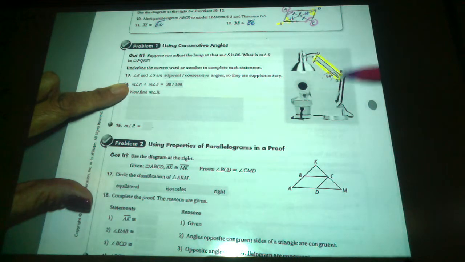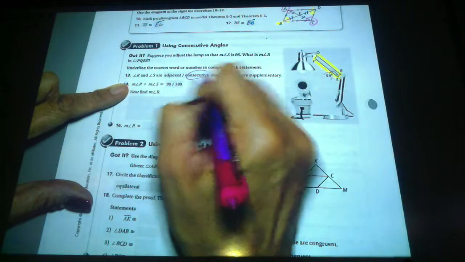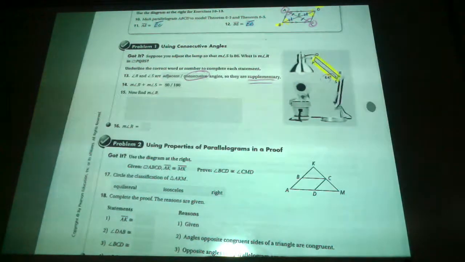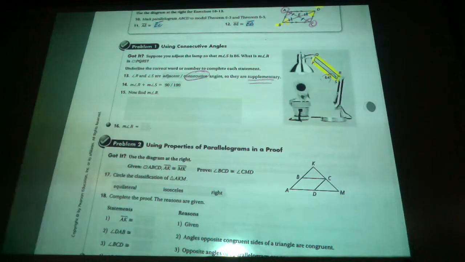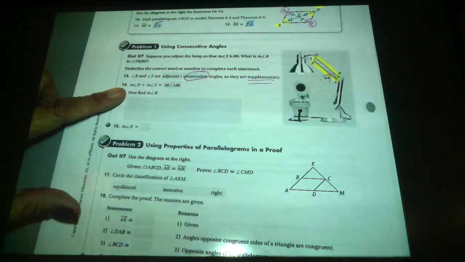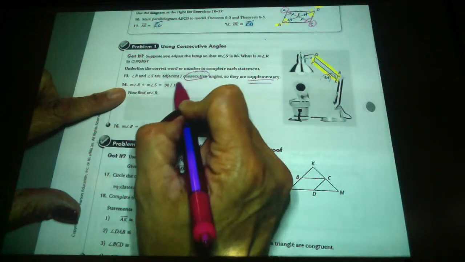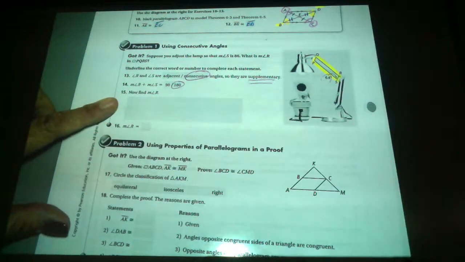What do you know about consecutive angles in a parallelogram? They're supplementary. So R and S are consecutive angles, so they are supplementary. There's your connection. Consecutive angles are supplementary. You're always trying to make connections in your brain. And so therefore the measure of R plus the measure of S should equal what? 180.